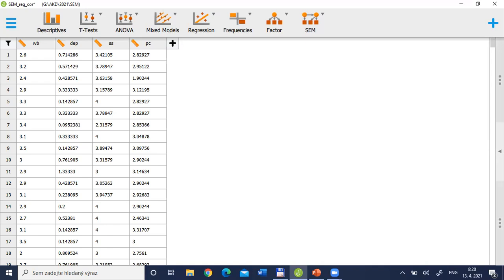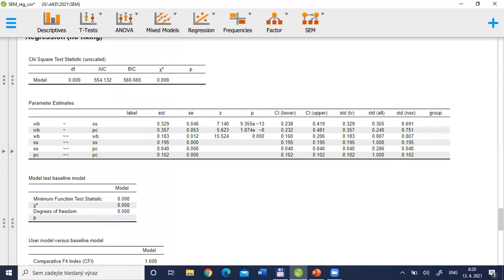And if I'm applying a general regression model, I'm also computing the same stuff, as you can see here: 1, 2, 3 variances. This is SS double tilde SS, PC double tilde PC, and WB double tilde WB.